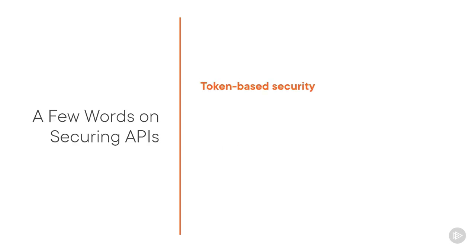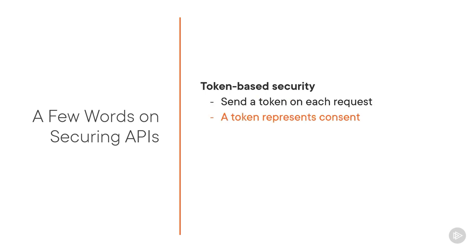Using tokens is a better idea. Instead of sending over username and password combinations on each call to the API, we're going to send over tokens on each request. These tokens represent consent. For example, consent granted by the user to the client app to access the API.